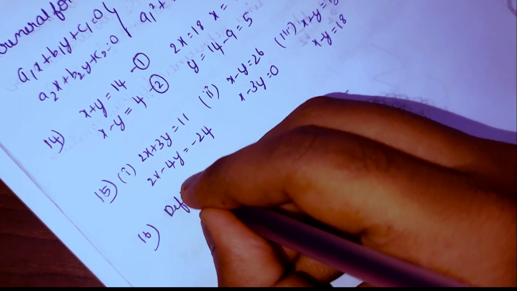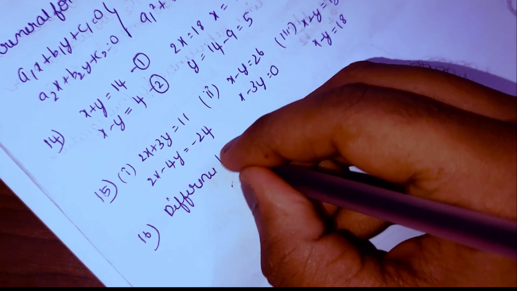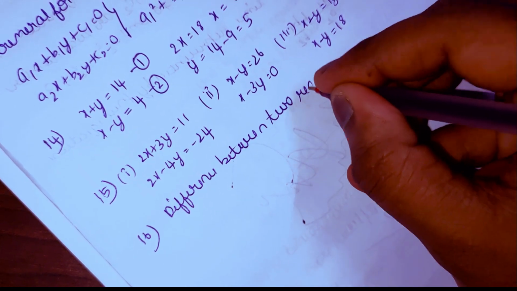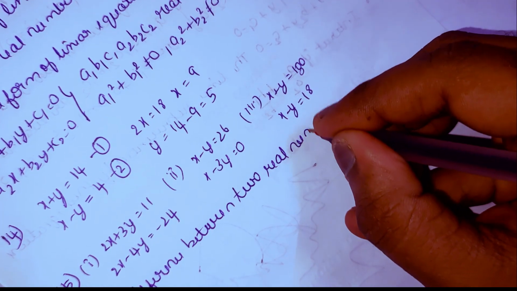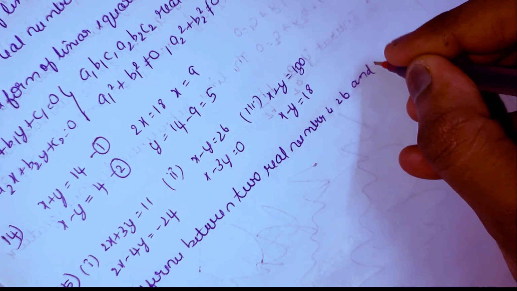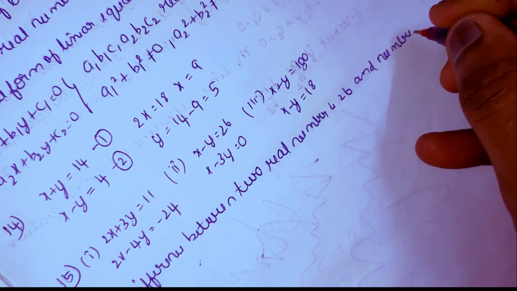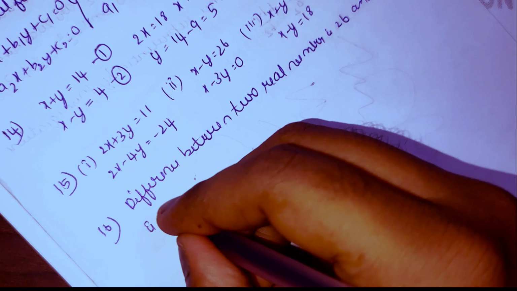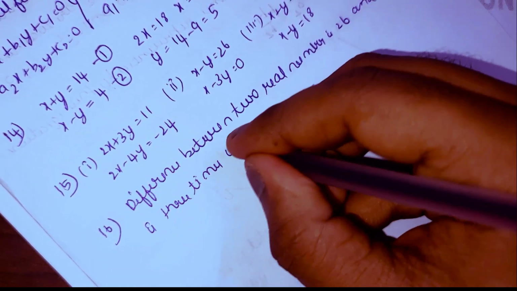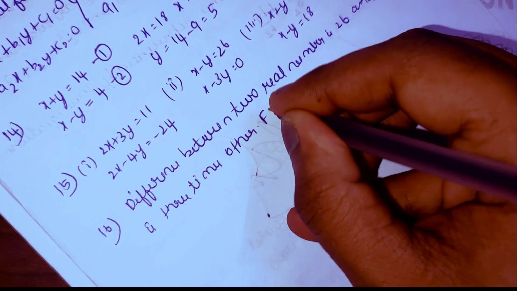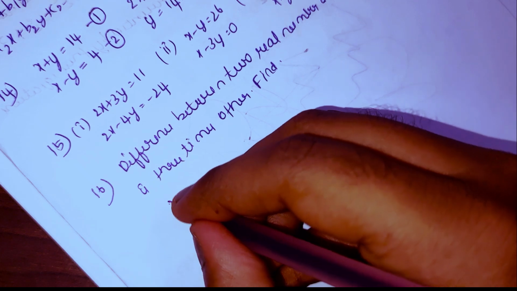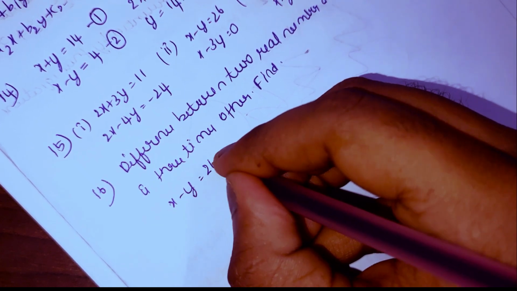We will focus on the 16th question. Difference between two real numbers is 26 and one number is 3 times the other. We have to find the numbers. We'll write the equation first. Difference is given, that is 26.